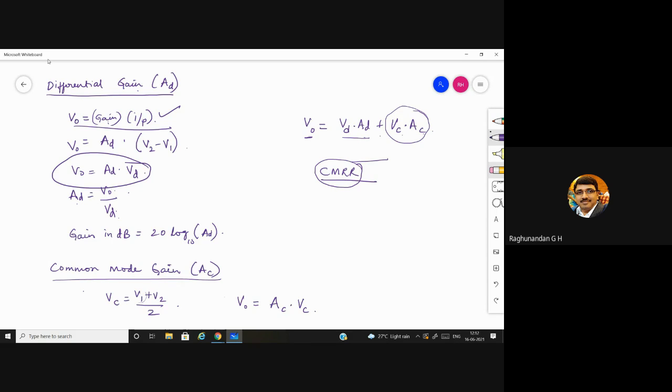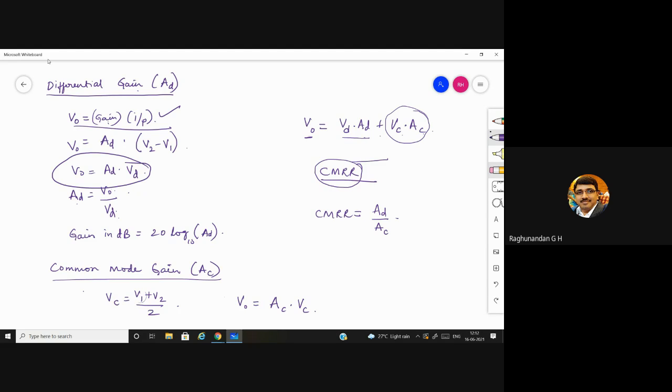So we need to look into how much the op amp can reduce these undesired signals which are getting added up to the differential amplifier. The ability of the differential amplifier to reject this kind of common mode voltage signal is known as the common mode rejection ratio. The common mode rejection ratio is given by the ratio of differential gain by common mode gain.